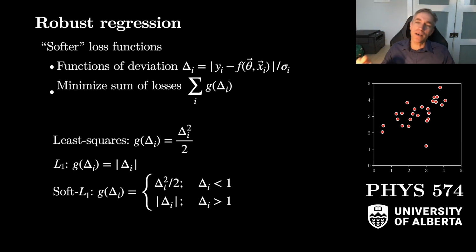And that's nice because the stuff near the line contributes like chi-squared, and things far away don't pull the fit off too much. Gives you some tools. Anytime you see, oh, this is a different loss function, that's usually the language used in numerics. What they're doing is messing around and doing some funky mapping of this deviation so that things far from the line don't pull your fit excessively.